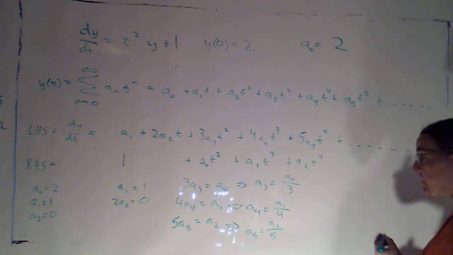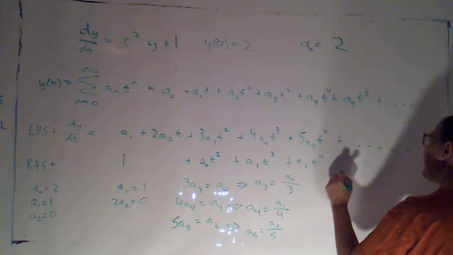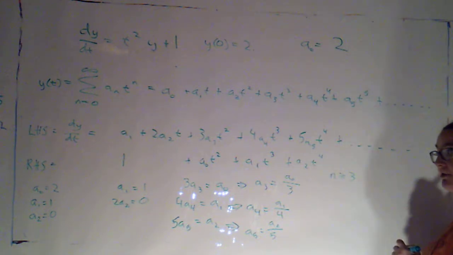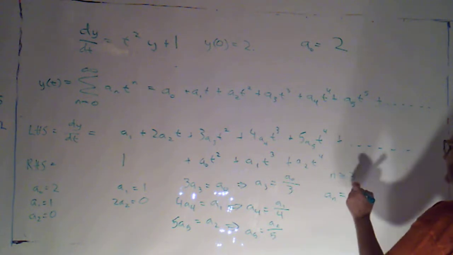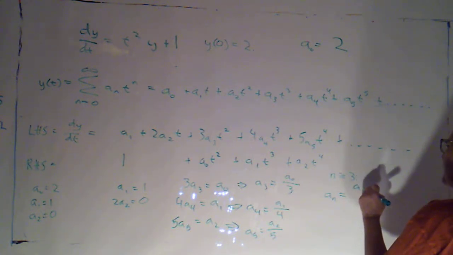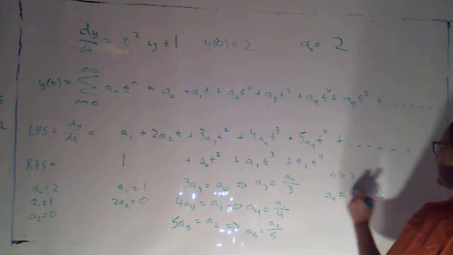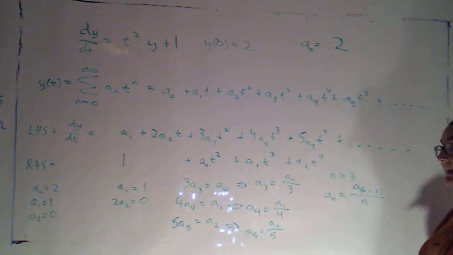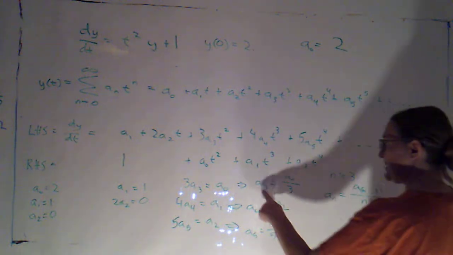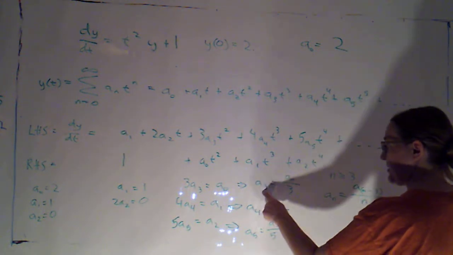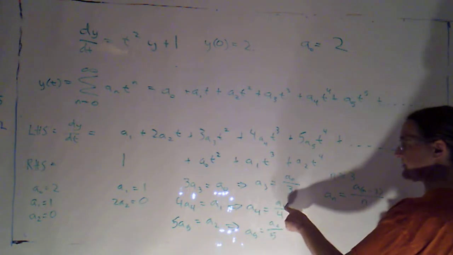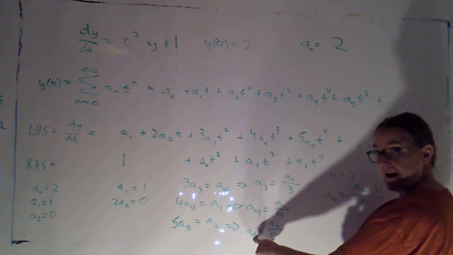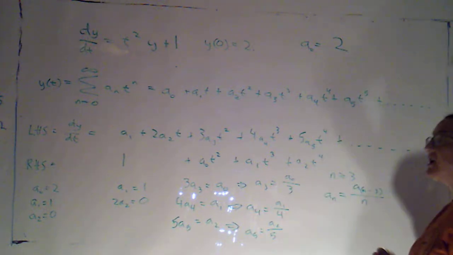In general, it looks to me like if n is bigger than or equal to 3, I can say that a sub n is going to be a sub n minus 3 divided by n. Okay. So notice here, if I'm looking for a3, 3 minus 3 would be 0. If I'm looking for a4, 4 minus 3 would be 1. If I'm looking for a5, 5 minus 3 would be 2.